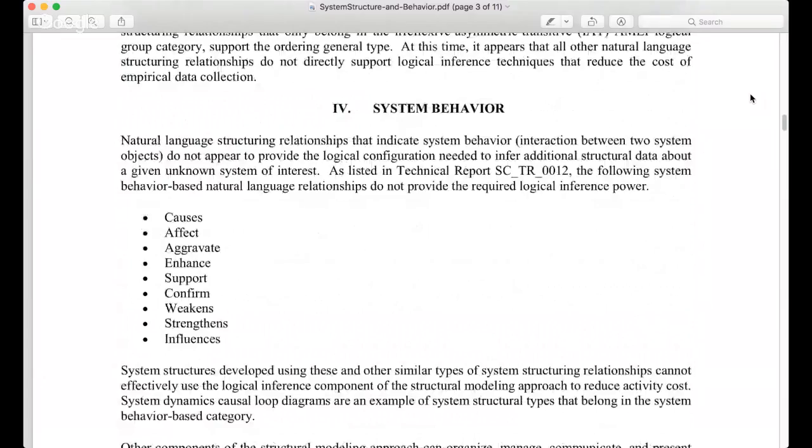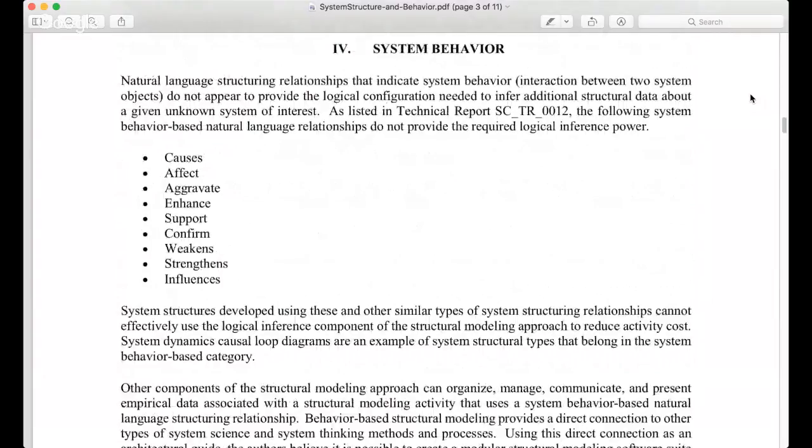So then system behavior, we have many examples of people that have used system behavior, or the interaction between two objects, to do an analysis of the system structure.